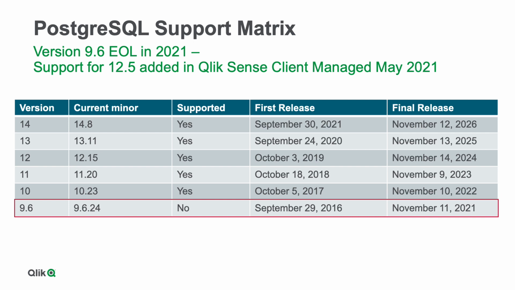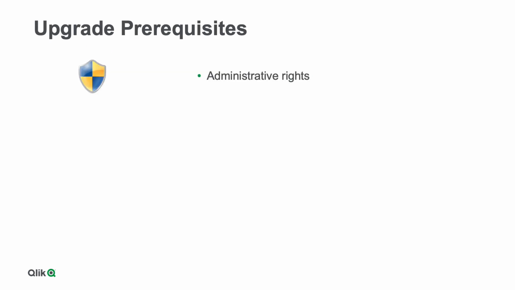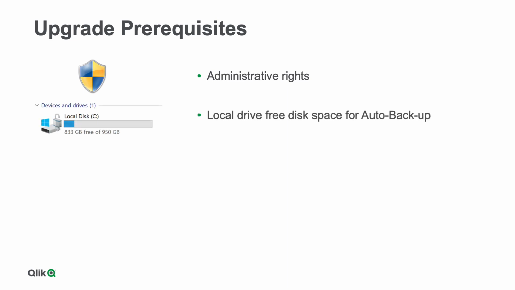Okay. If people get to this point and it becomes decided that it's time to upgrade, what are the prerequisites or anything they need to know before starting this process? Yeah, sure. The upgrade process requires administrative rights. The backup destination must have sufficient disk space to dump the existing database. The backup destination should not be a network path or virtual storage folder.